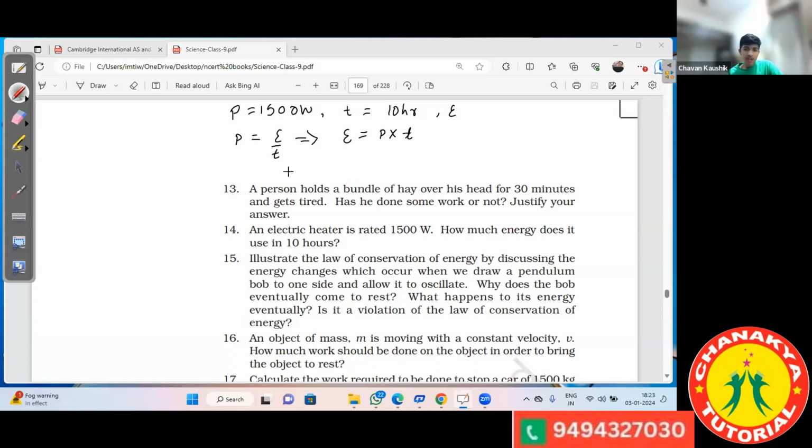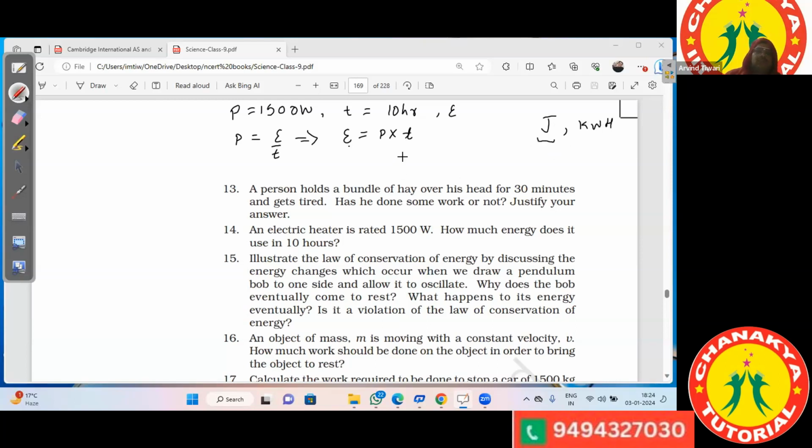Sir, convert it into kilowatt or joule. Yeah. For the unit of energy, we can either use joule or we can use kilowatt hour, right? If we want to use joule, we need to convert this hour to second. Since joule is the SI unit, everything should be in the SI unit.